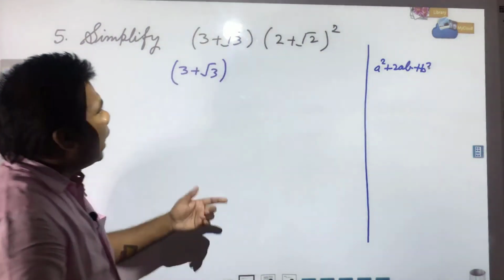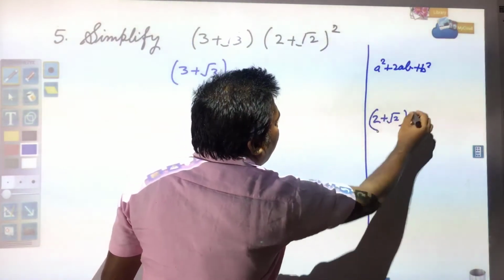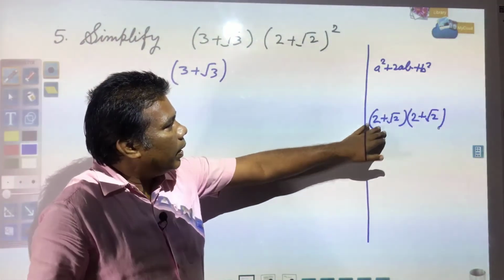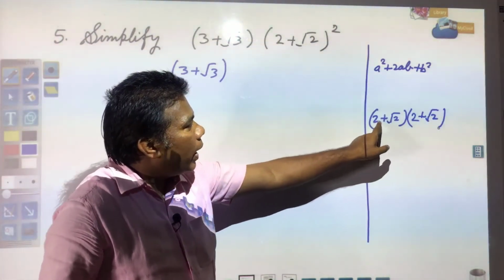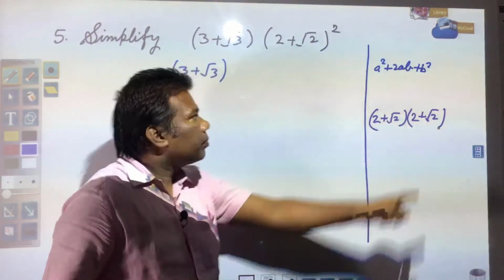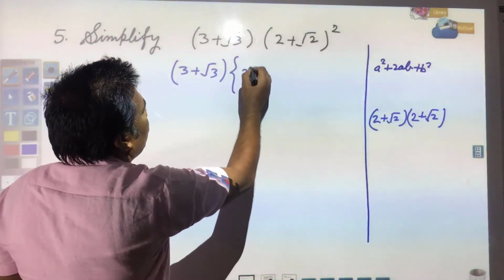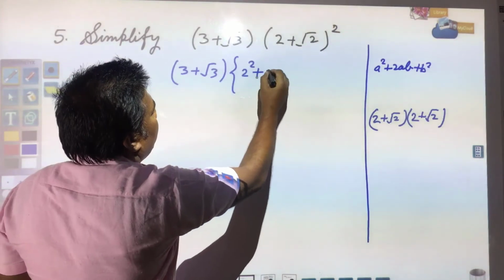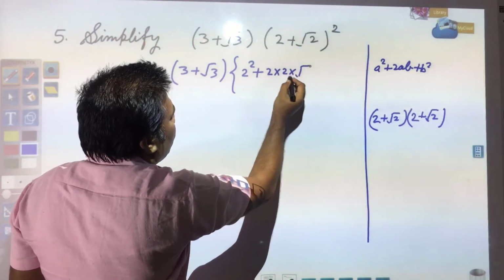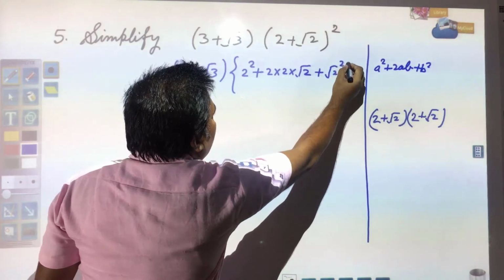Or simply, as I made you understand, you can multiply without using the formula, 2 plus root 2 and 2 plus root 2, directly 2 into these terms plus root 2 into these terms. So, use the formula. This will be a square means 2 square, plus 2ab, 2 into root, sorry, 2 into 2 into root 2, plus b square means root 2 square.